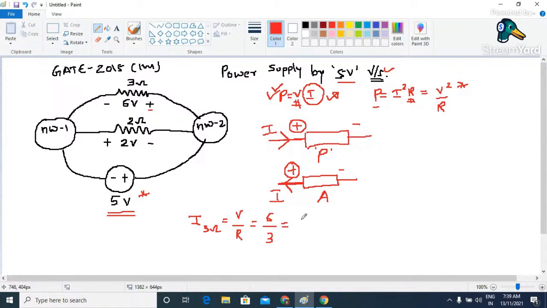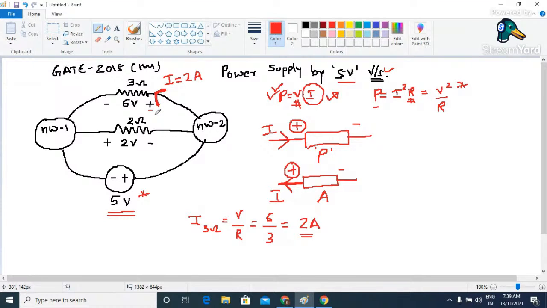So the answer is going to be 2 ampere. So this is the magnitude. Now let us discuss the direction. Because it is a passive element, the current is going to enter through the positive terminal. So the direction of current must be like this. It is going to enter through the positive terminal, and the magnitude of that current is going to be equal to 2 ampere. I hope this is clear to everyone.